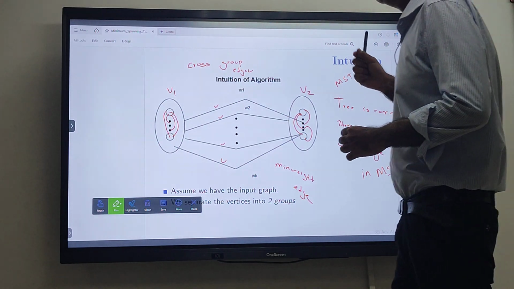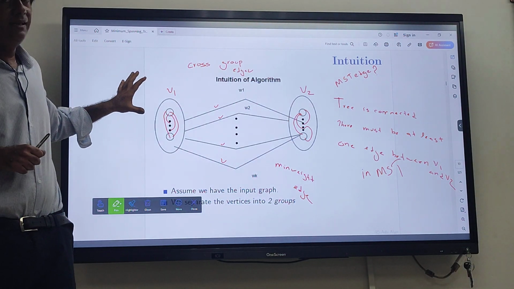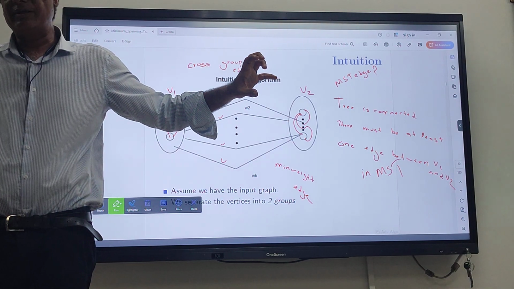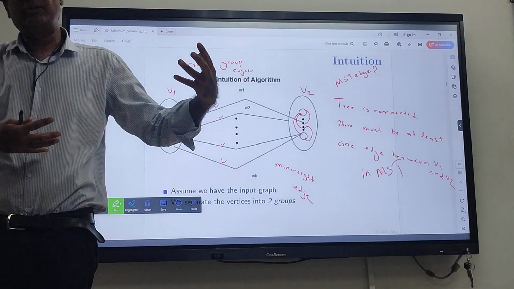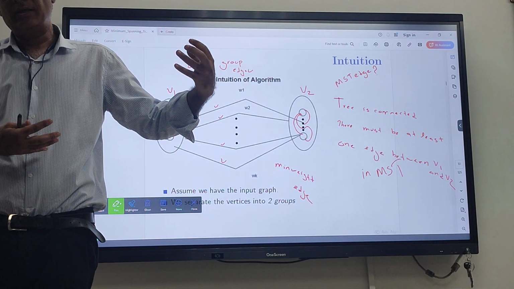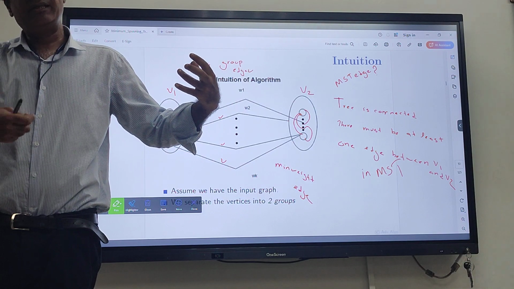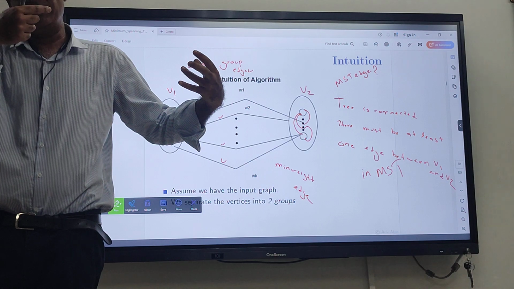I'll just repeat once more. So if we divide the input graph into two groups of vertices, some edges will be passing from group 1 to group 2. Okay? Out of all these edges, we need at least one edge to be included in the minimum spanning tree.